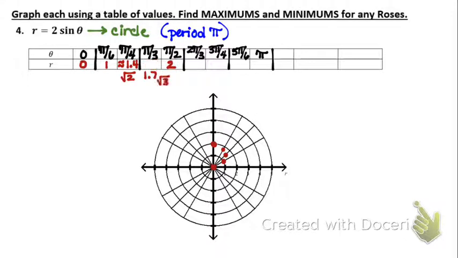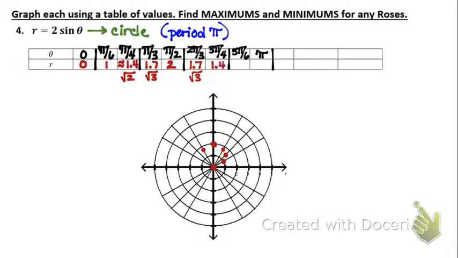2 pi over 3. Same thing as pi over 3 because the sine values for pi over 3 and 2 pi over 3 are exactly the same. 3 pi over 4? Three pi over 4 is the same as which one?